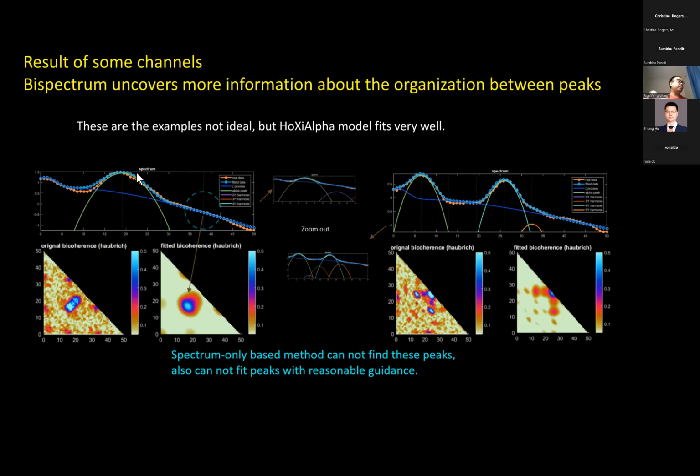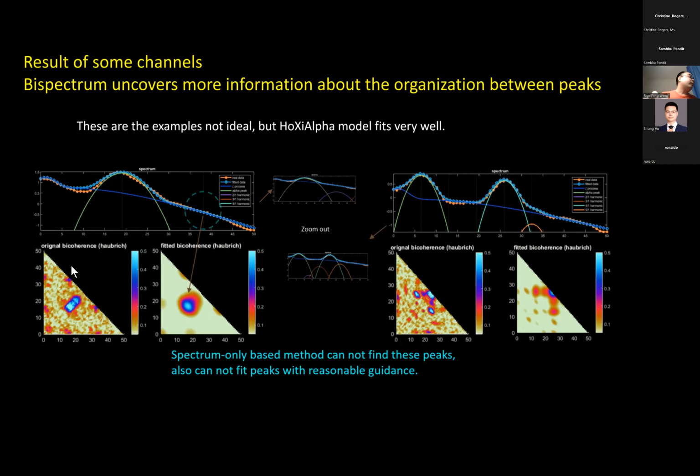A spectral-only model cannot find something like this. Here you can see the empirical bicoherence, and this is the fitted bicoherence. You can see this is a very high value here, which means this fundamental oscillation is coupled with this frequency.